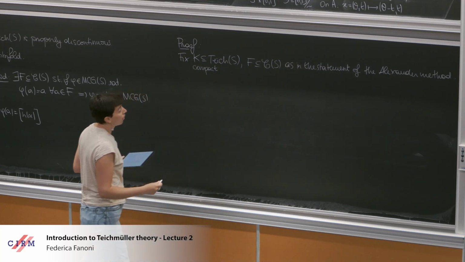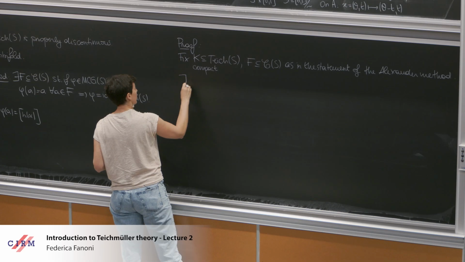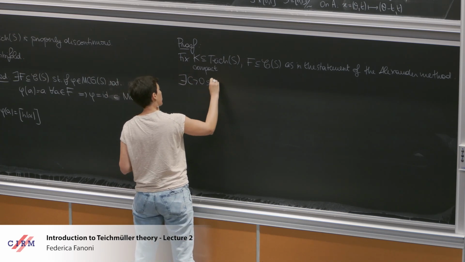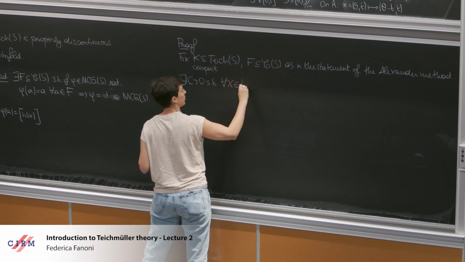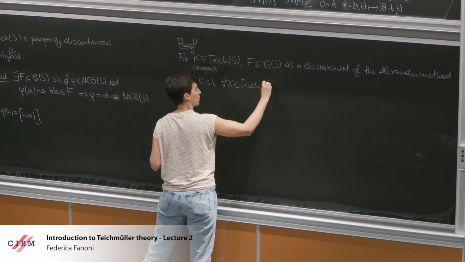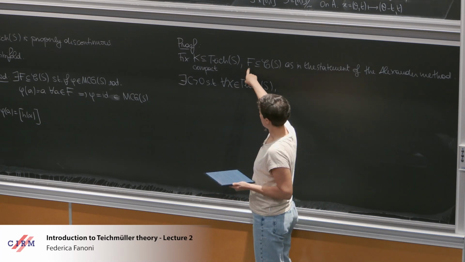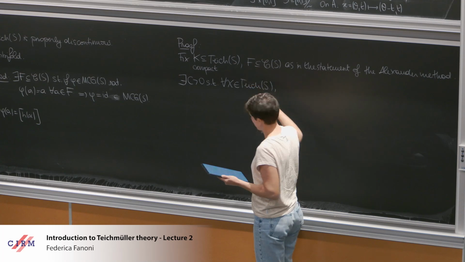Now, what I can deduce is that there exists some constant so that for every point in Teichmüller space, if I look at the curves in F, the length is at most this constant.